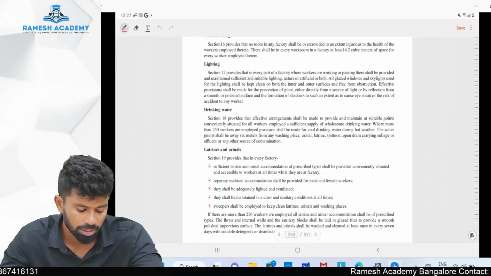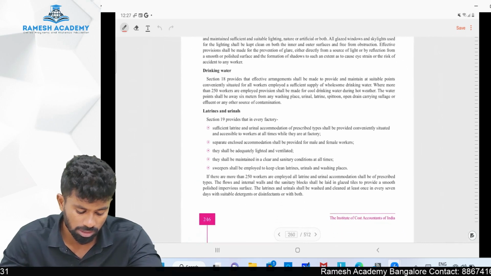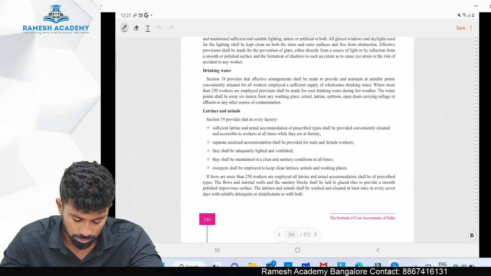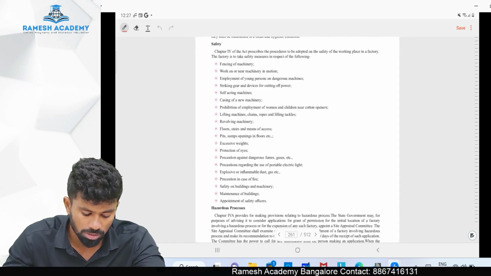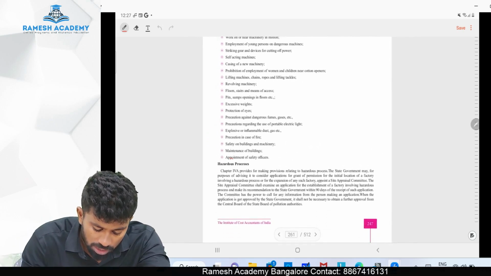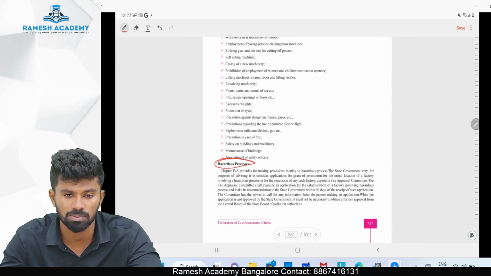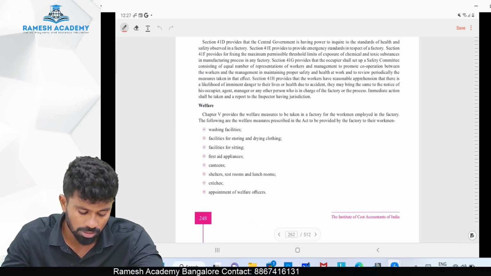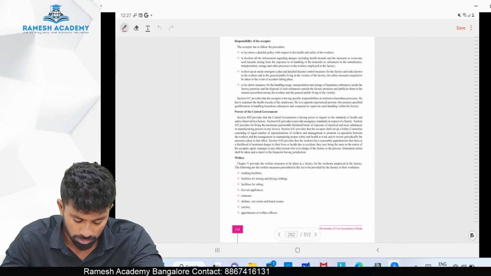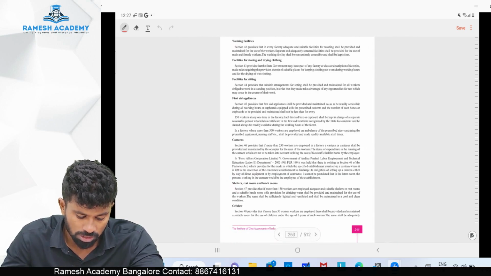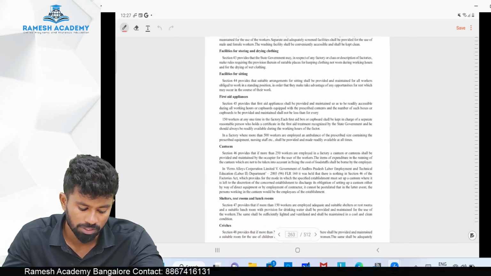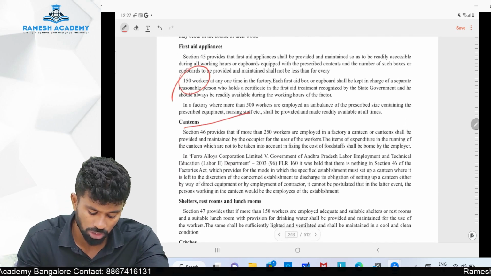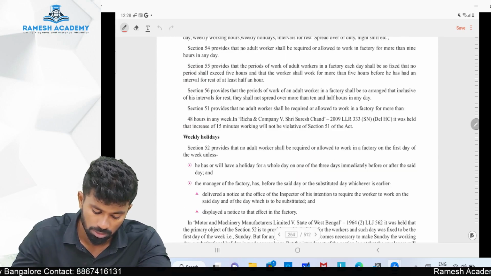Then drinking water, lighting, latrines and urinals. Then we also discussed safety measures, hazardous process. Have I discussed hazardous process? Yes, we discussed this. Then we discussed welfare measures. Then we also discussed washing facilities, first aid appliances, 150 workers, then canteens, shelters, creches.